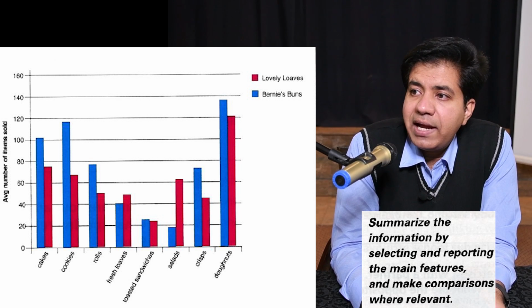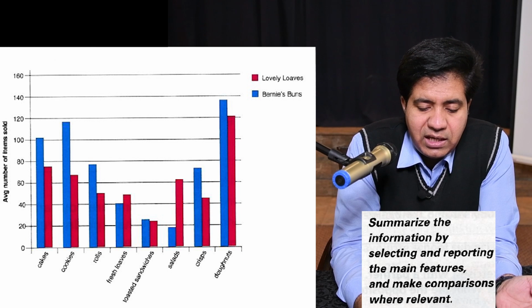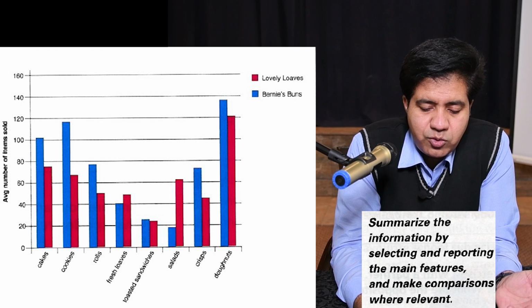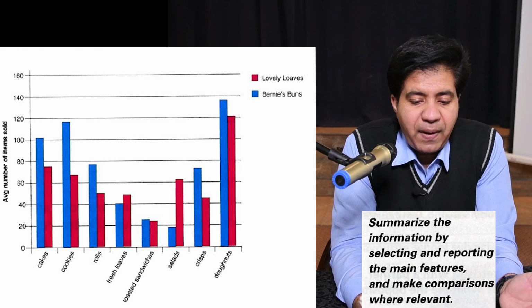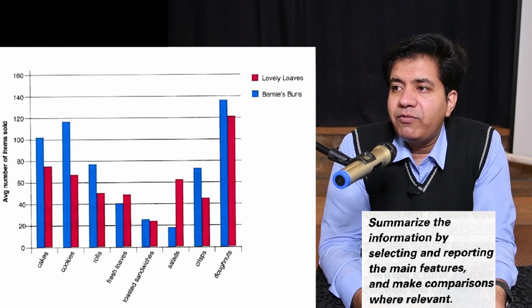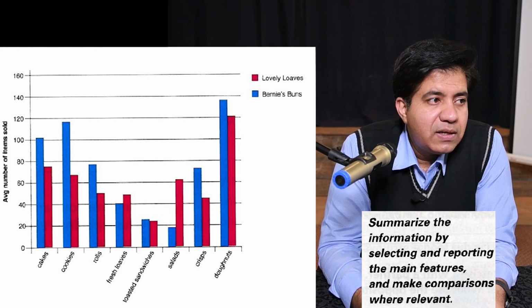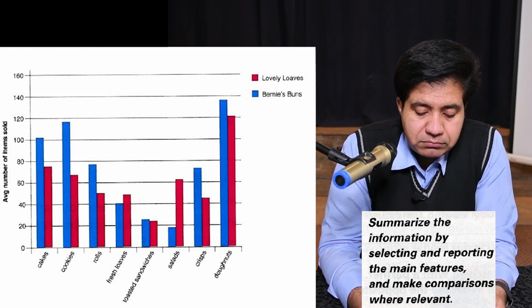And what are those items? On x-axis you can see we have cakes, cookies, rolls, fresh loaves, toasted sandwiches, salads, crisps, and then we have donuts. By the way, which item has got number 1 sales? Donuts. Exactly.